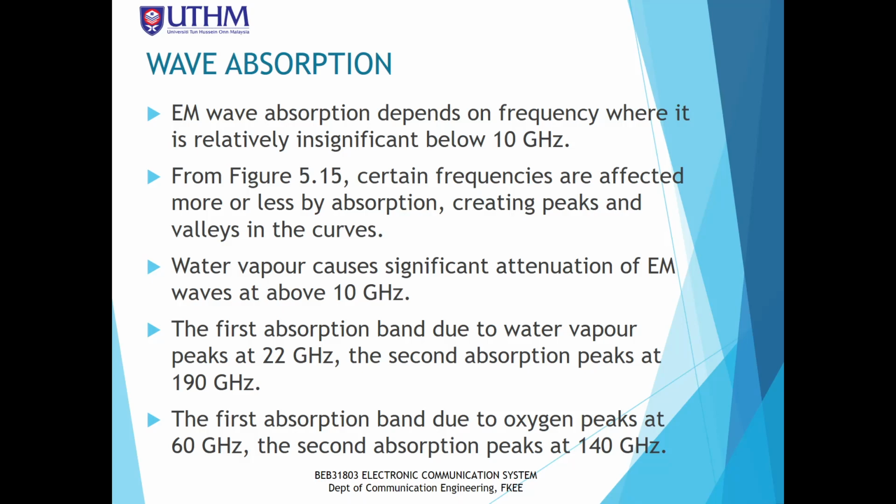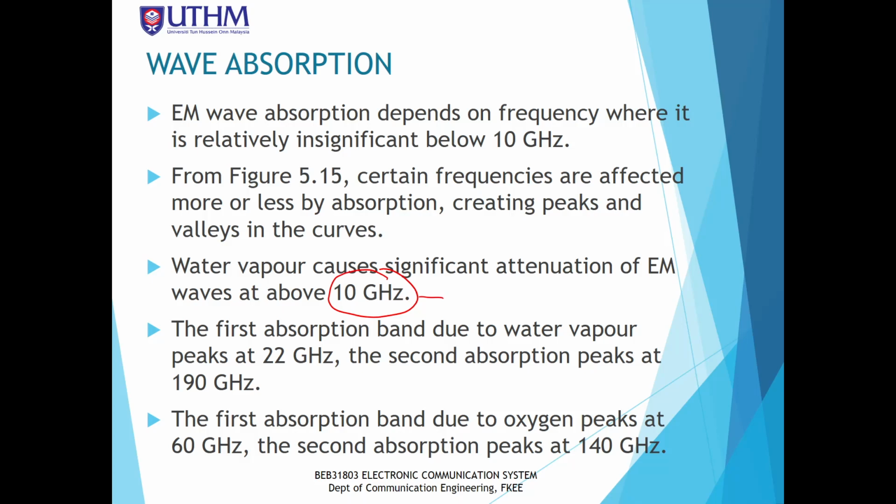So that is why in heavy rain, you see that the signal becomes weaker, especially if we operate at higher frequency. If we use a high frequency, it is more prone to rain attenuation. Why is it like that? Because if we use a frequency higher than 10 gigahertz, the signal is more prone towards rain attenuation, towards the raindrops.